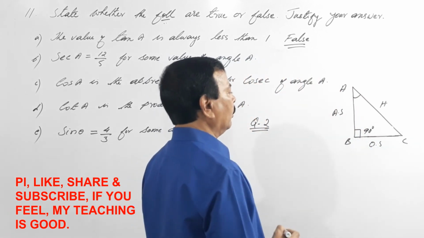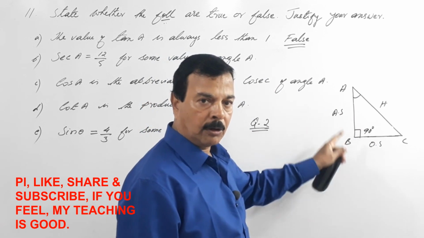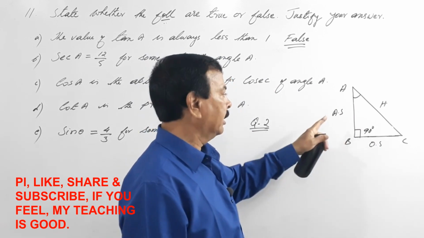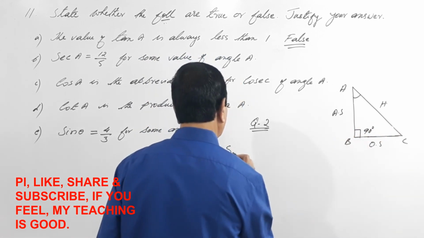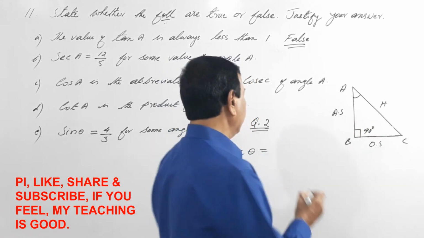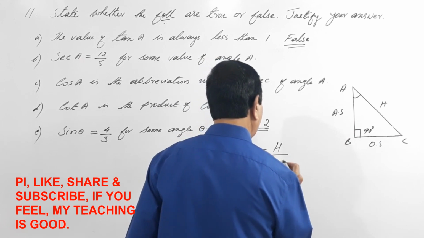Done. Now, what is secant theta? It is the reciprocal of cos theta. So cos theta is adjacent side by hypotenuse, but secant theta will be hypotenuse by adjacent side.